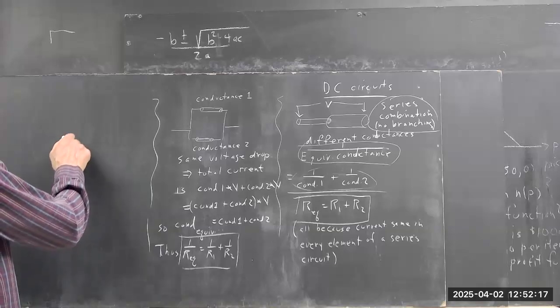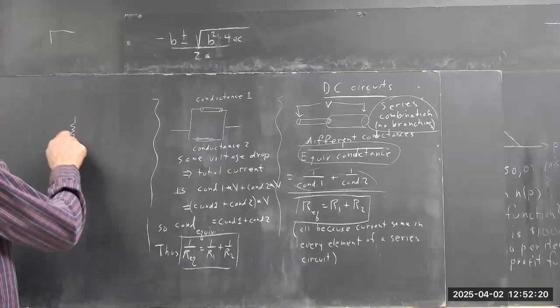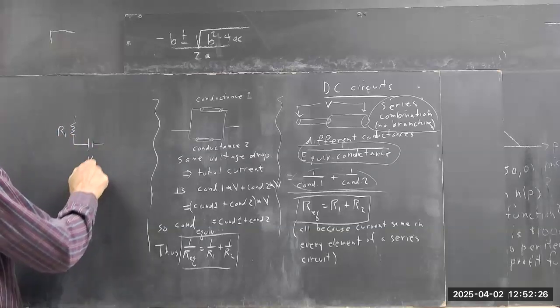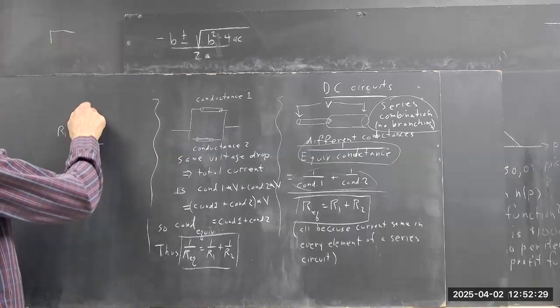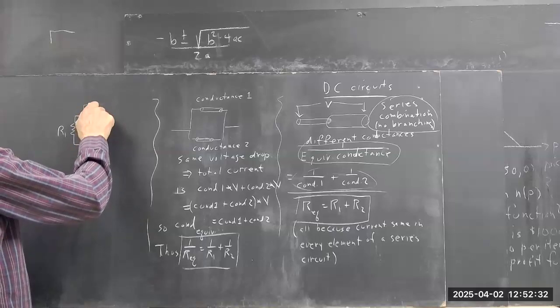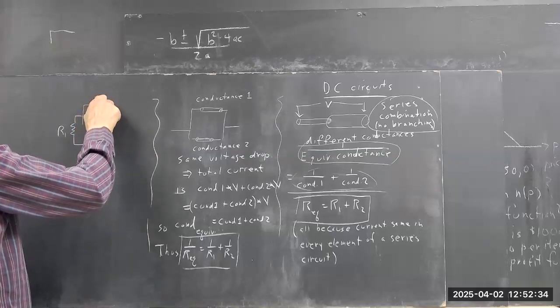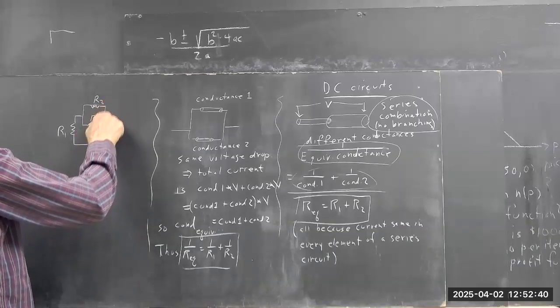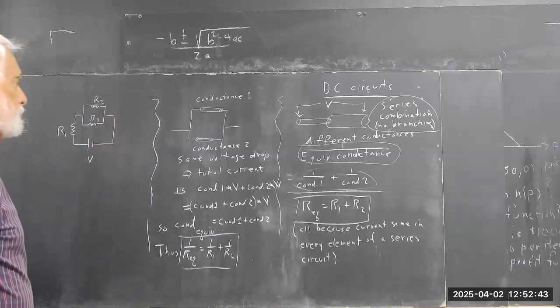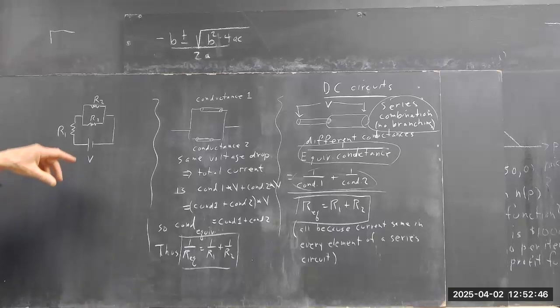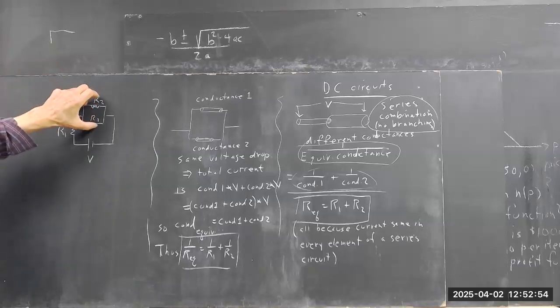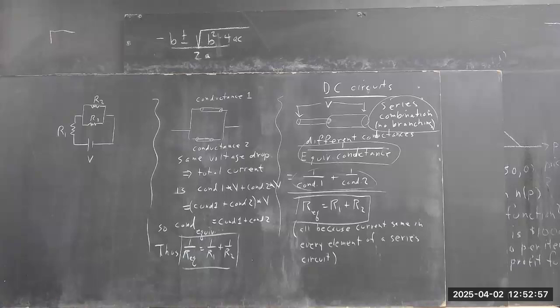So as a simple example, if you have R1 here, then a voltage here and up here, this is a series of R1 with the equivalent resistance of this parallel combination.